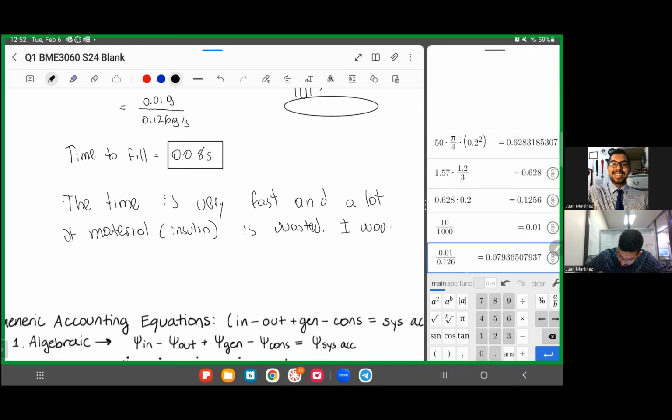I would decrease the speed quite a bit, so it matches the production line.